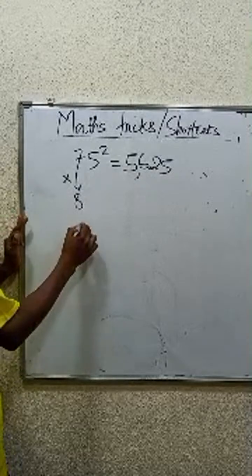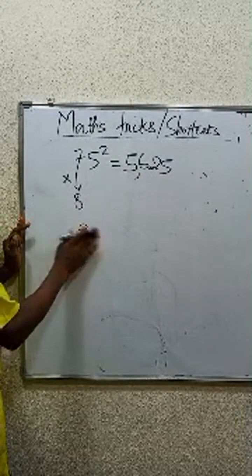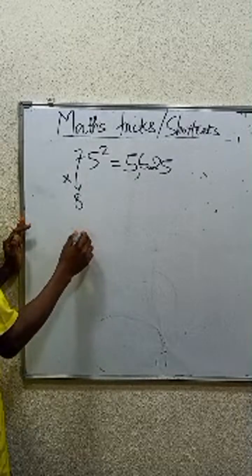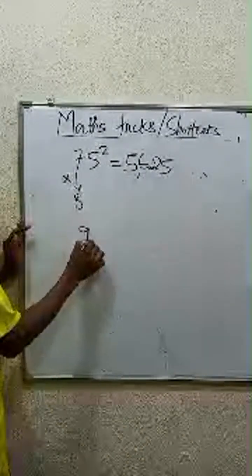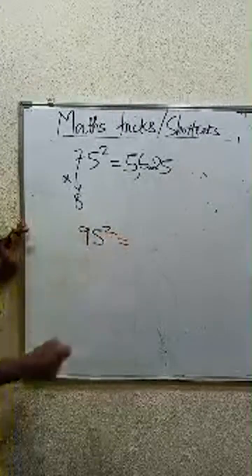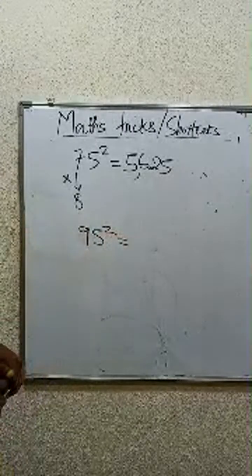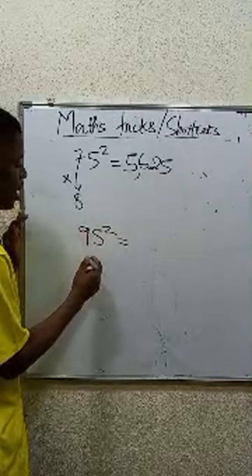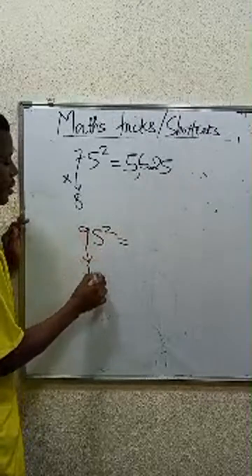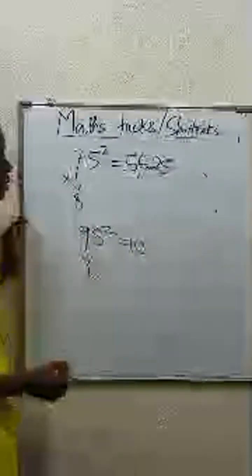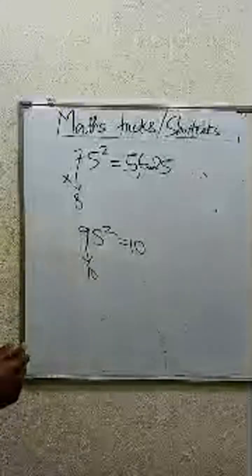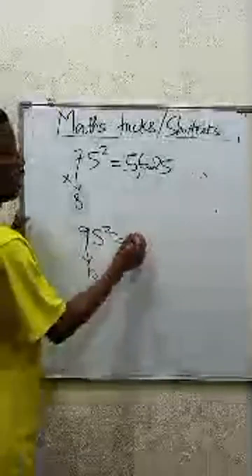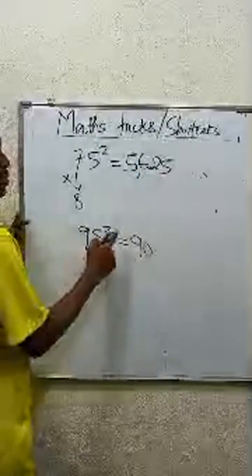Okay, let's look at 95 squared. If you have 95 squared, what are you getting? The next number after 9 is 10. If you multiply the two, you have 90. Then 5 squared is 25.